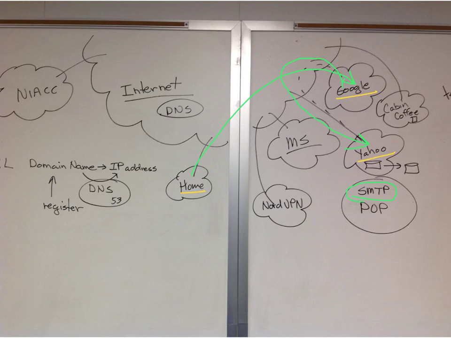Then the mail is sitting here. Let's say your mail here is in blue. And then you're at the coffee shop, and you take the mail and bring it to your computer sitting at the coffee shop. That's POP, Post Office Protocol, where you grab the mail off the server.